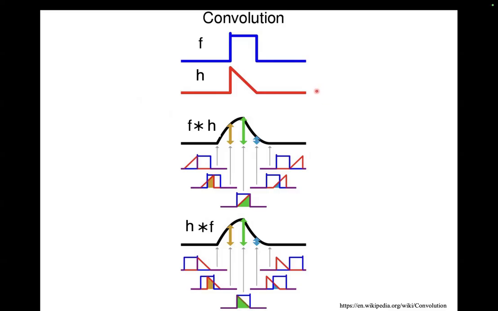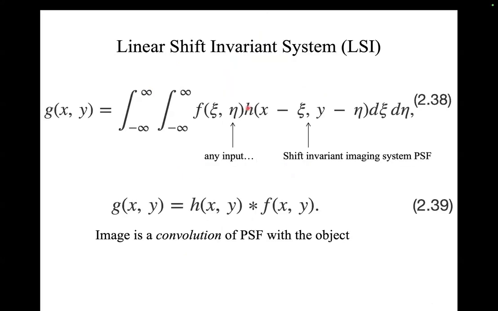So the convolution formula, let's just look at it in 1D: you subtract eta and you do an integration across the sample after flipping your point spread function with this minus eta. You do that integral.